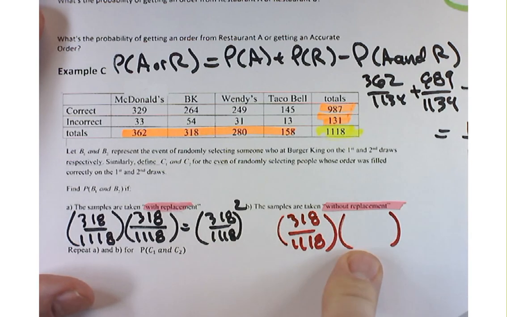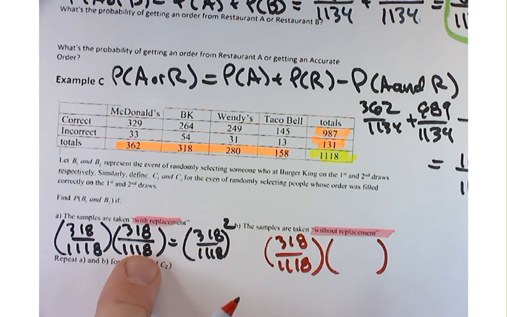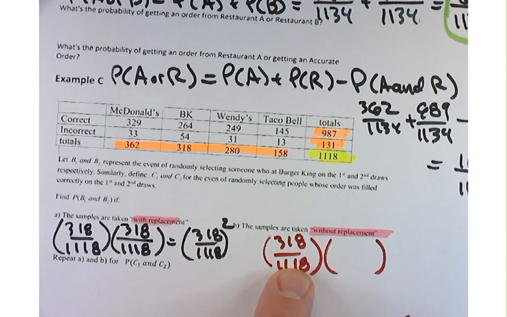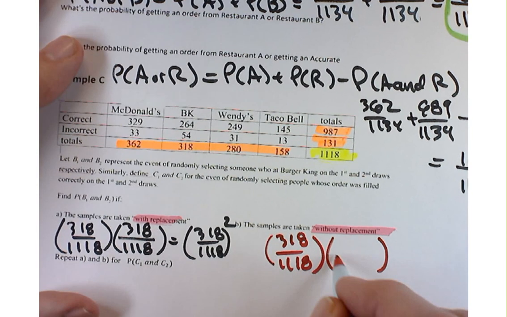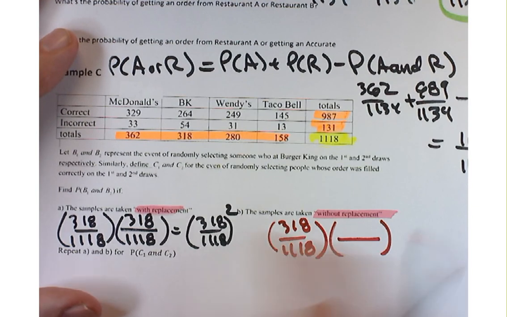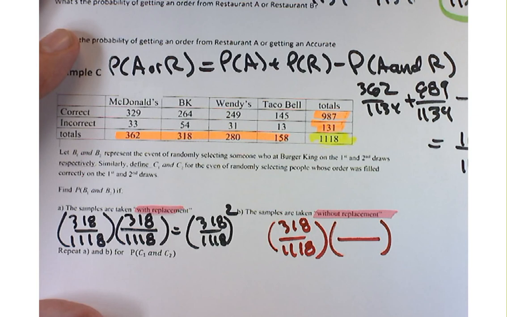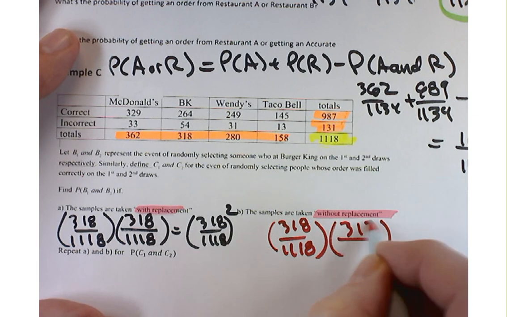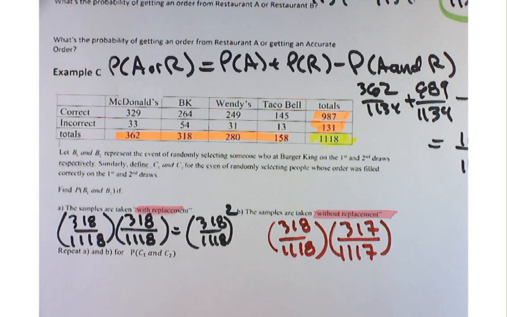Notice that that's going to change this probability. What happened with the first event here didn't change this probability. But here, when you take that one out and put it aside, it's going to change the probability. What's this new probability going to be? How many people are left that ate at Burger King? 317 over 1,117. Yeah, it's changed the probability.